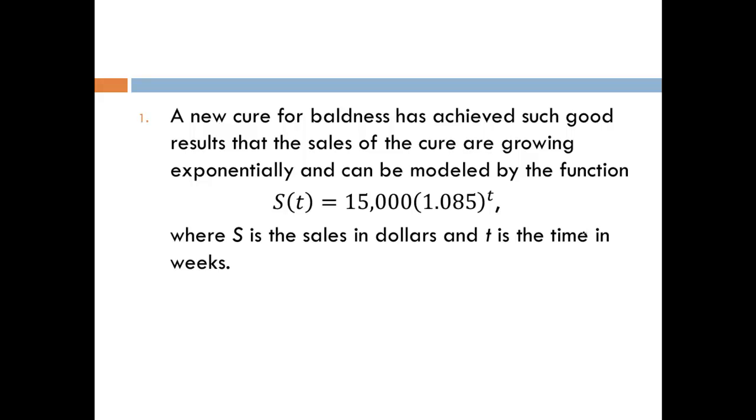If we look at the formula, the a is this 15,000, so that's the initial value, and the b, or the factor, is this 1.085, which is greater than 1, so that tells me right away that this is an exponential growth function. Now let's look at the graph of this function.